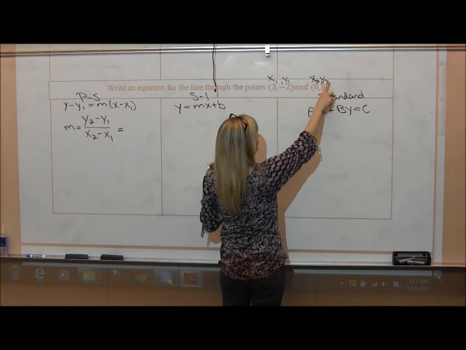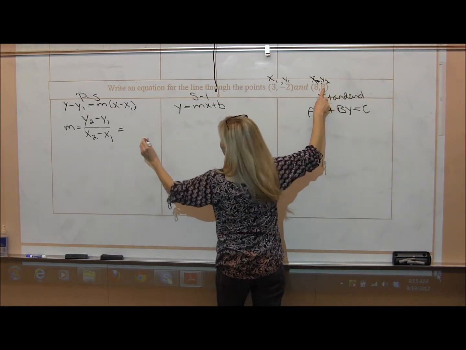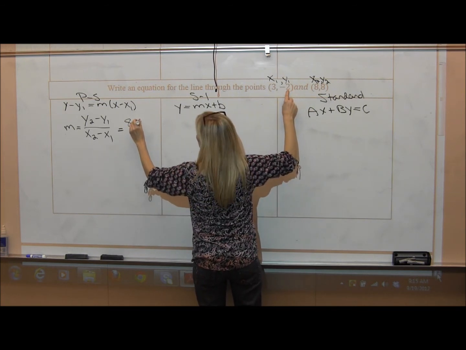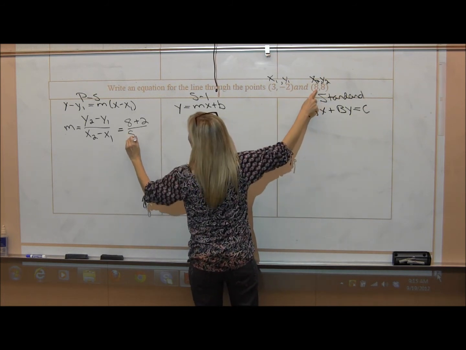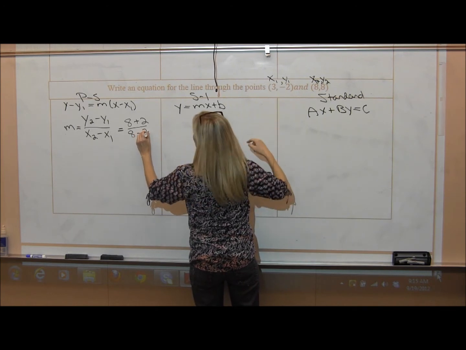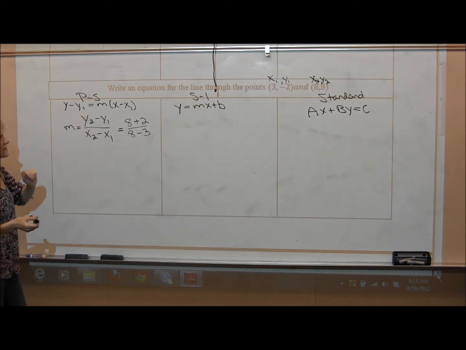I like writing the letters here because it helps me fill this in. So you have 8 minus negative 2, so that's plus 2, over 8, because that's x2, minus x1, which is 3. Now, very common mistake is to put the x's on top and the y's on the bottom.